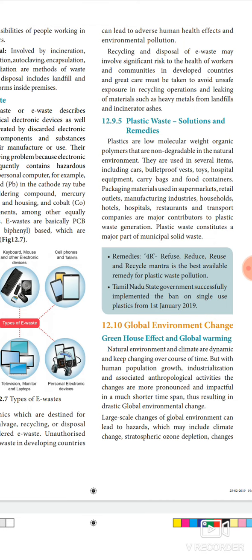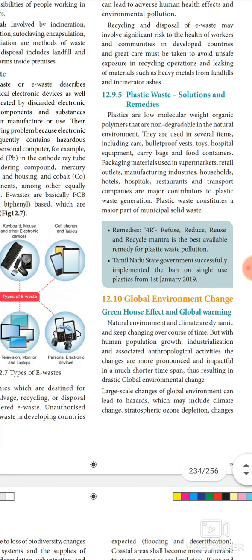There are several types of plastic items. Then what are the remedies? The 4R mantra is the best available remedy for plastic waste pollution. What is meant by 4R? Refuse, reduce, reuse and recycle. This is the 4R mantra, the best available remedy for plastic waste pollution.